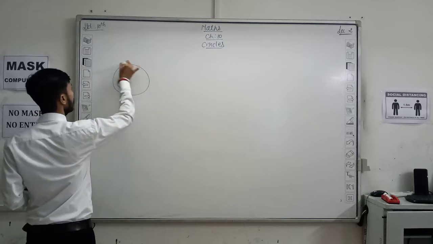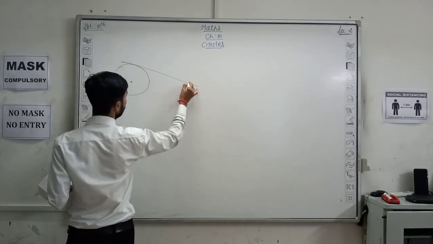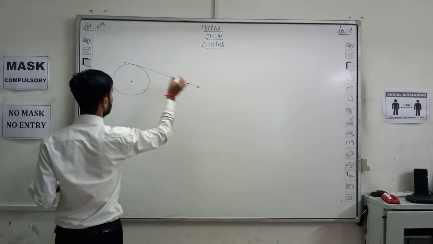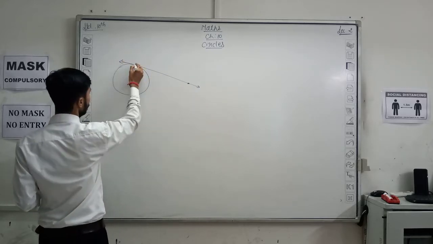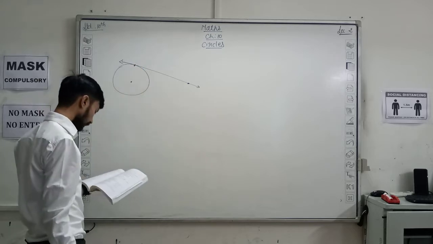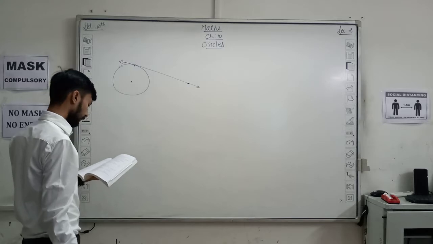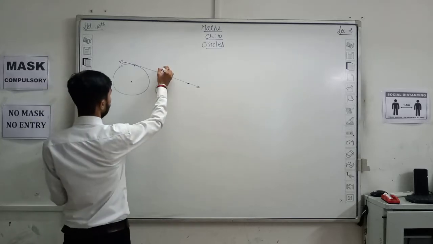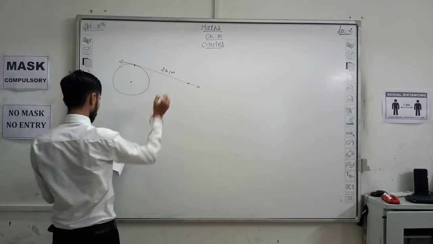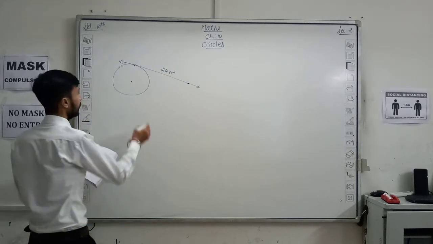Suppose we have a circle and this is the tangent from this end point. So the length of the tangent is 24 centimeters and the distance of Q from the center.